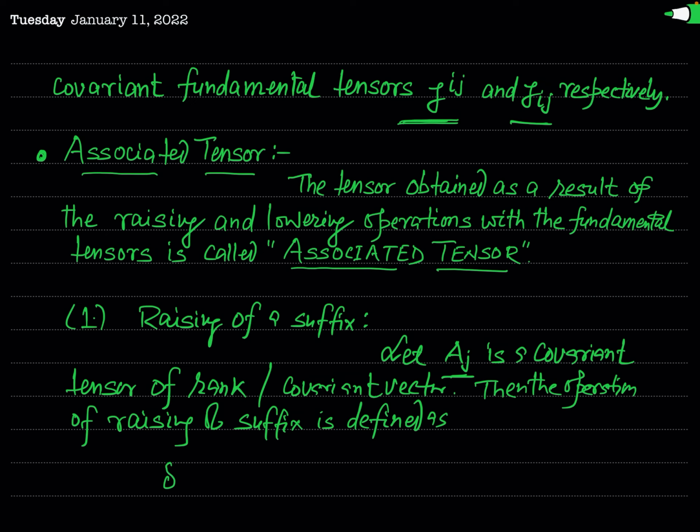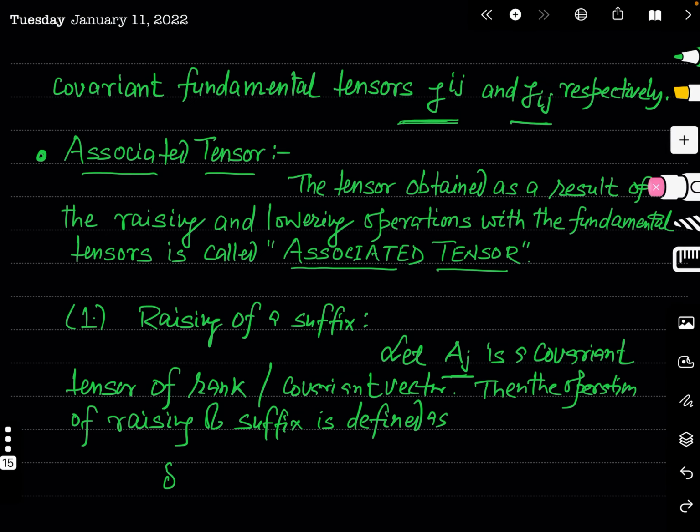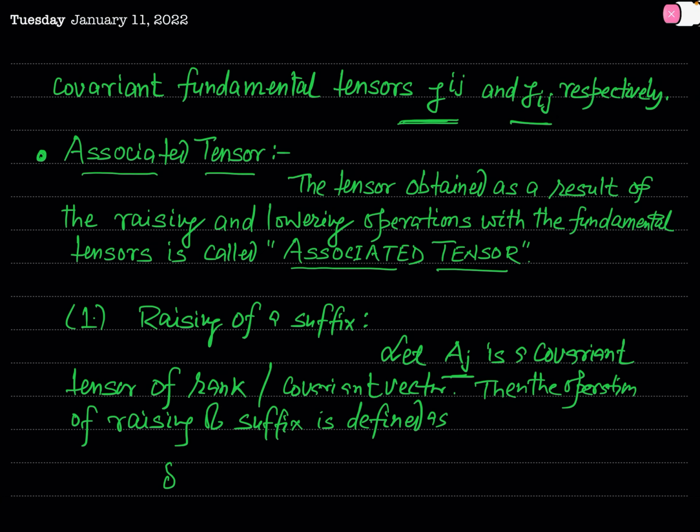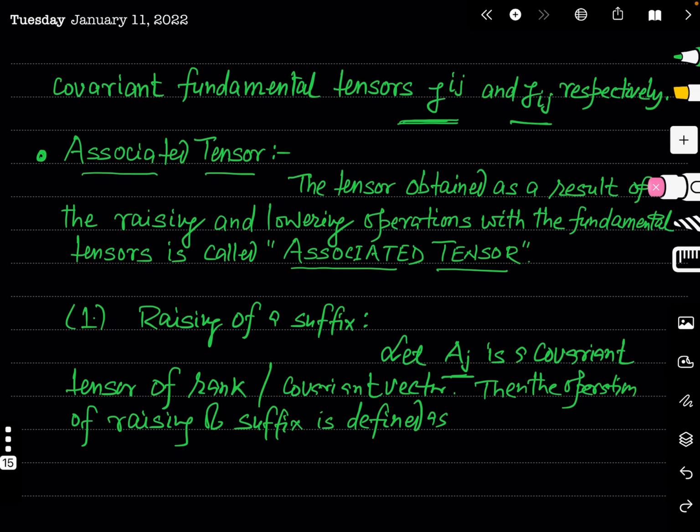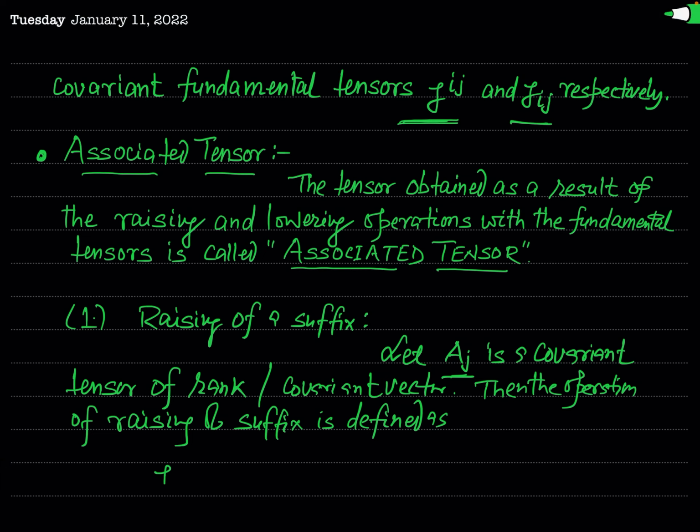Let us take the inner multiplication of this given tensor with the contravariant fundamental tensor. G super Ij is our contravariant fundamental tensor, and we take the inner multiplication of this G super Ij with the given tensor A sub j. After taking this multiplication, the result will be simply A super I.